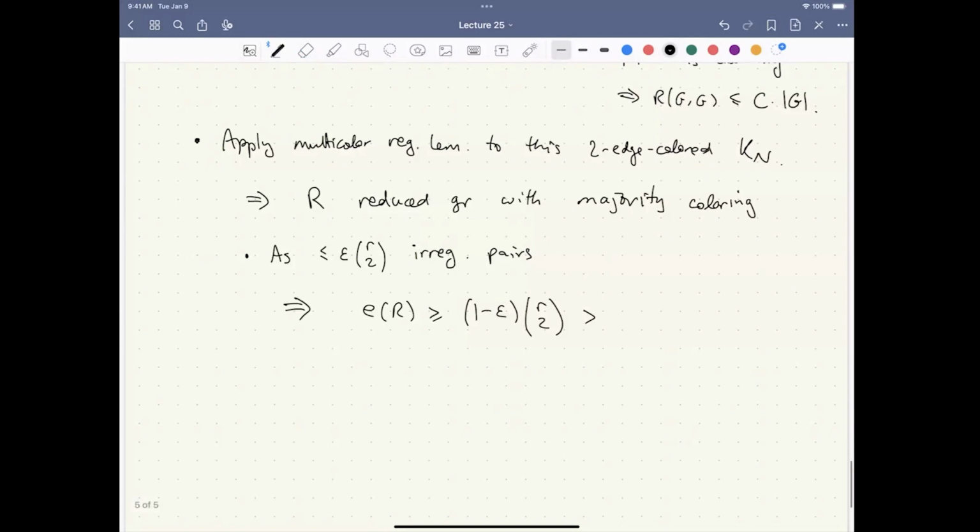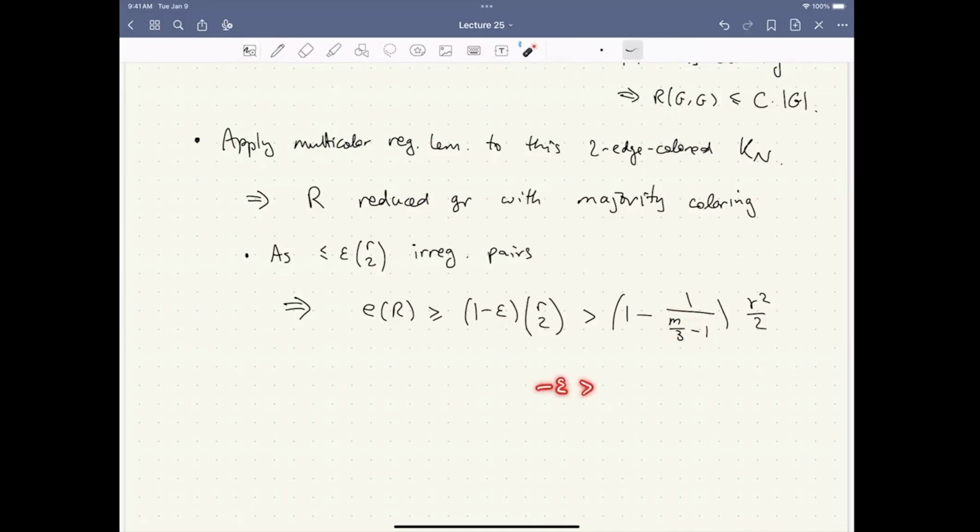What I want to say is this is bigger than 1 minus 1 over (m over 3 minus 1), choose 2. Let me see why this is true. We just need to compare epsilon and this guy, right? So this is bigger than this, basically. Or this is bigger than epsilon. Yeah, that's true.